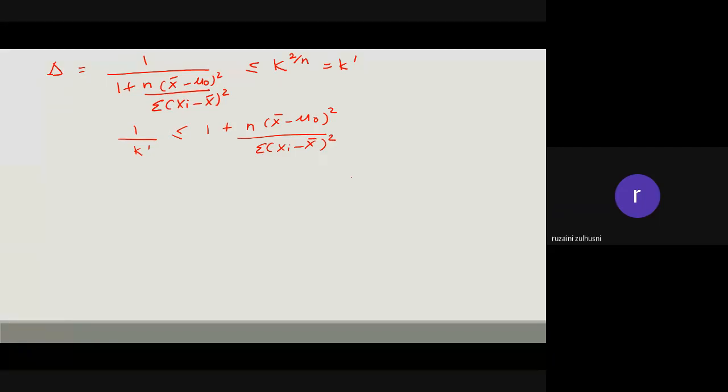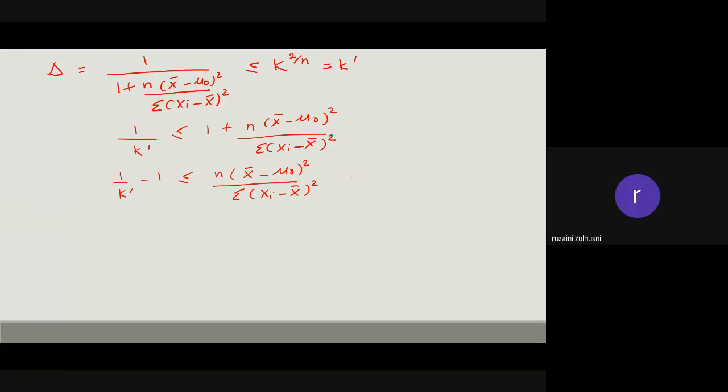So this one, your denominator you bring upwards, so k prime is over here. So just change the inequality. So we will have 1 over k prime minus 1 less than or equals to n x bar minus mu naught square over summation xi minus x bar square.